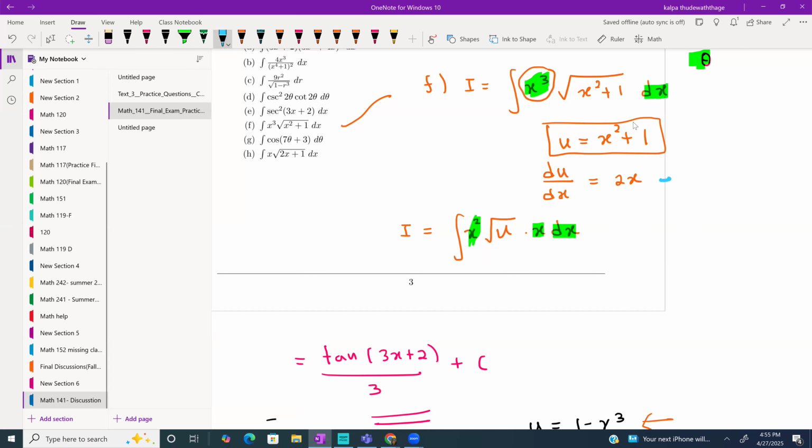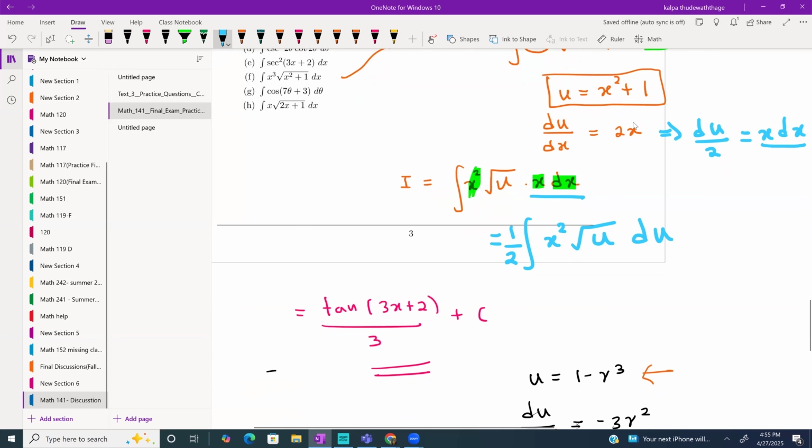When I do that, du over 2 is x dx. So I still have to replace x to the power 2, but x dx, I can replace with du over 2. Right? This is tricky.